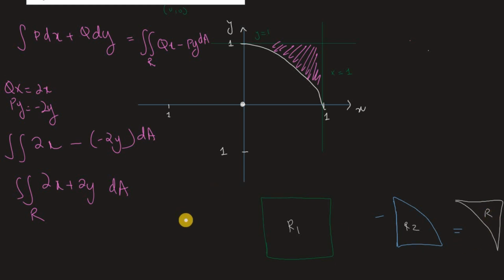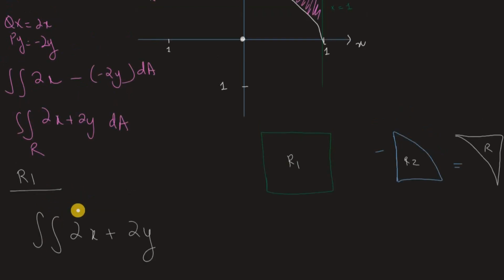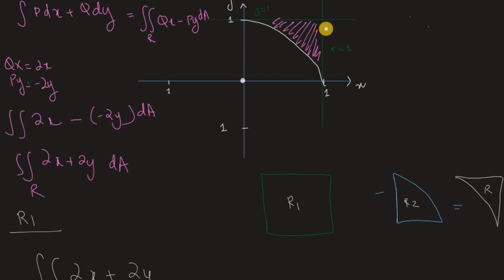Okay, so to evaluate region 1, we're going to take this integral of 2x plus 2y, and for the limits of integration we're going to use this region.